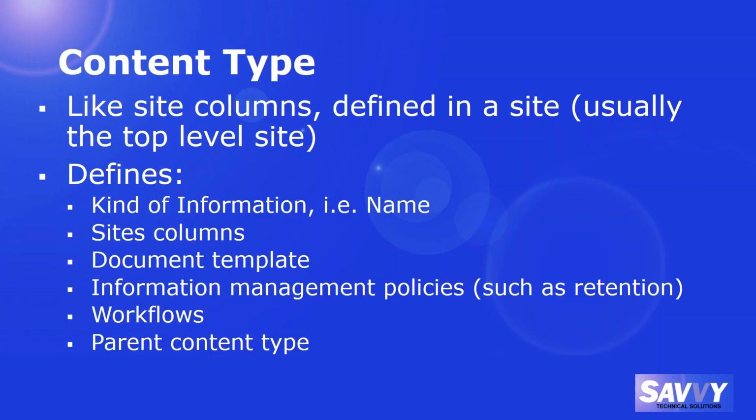With a content type, it's possible to associate a document template. So for example, for my company, Savvy Technical Solutions, when I drive to a client, I have an expense report that I've created, which is an Excel spreadsheet. So I create a new expense report for every week, which means that each expense report has 7 days planned out, and I can specify if it was driving or travel or internet or phone or whatever that I'm getting reimbursed for.